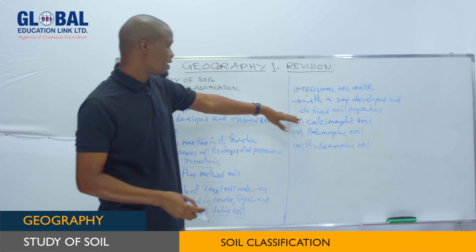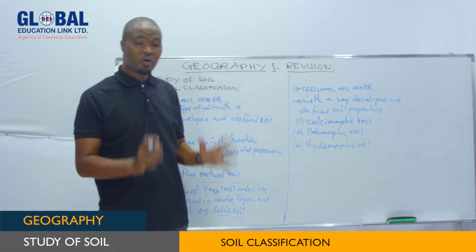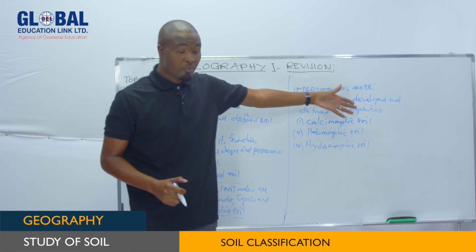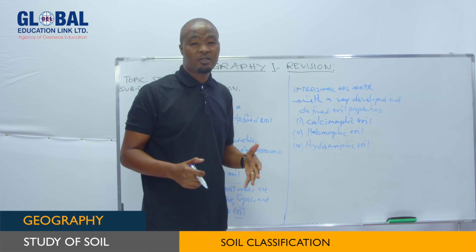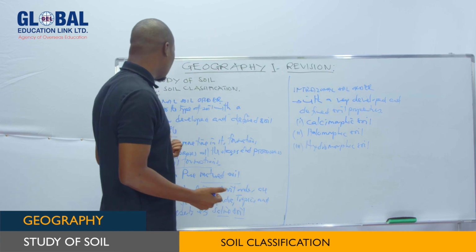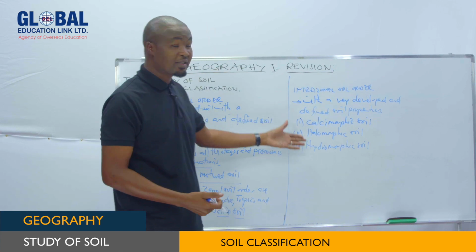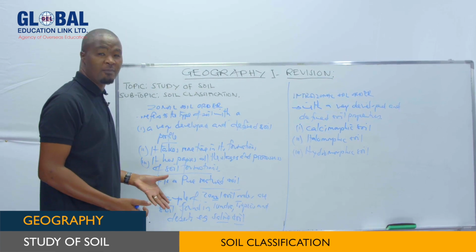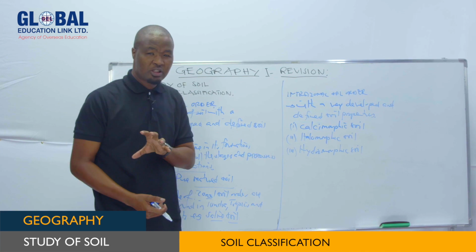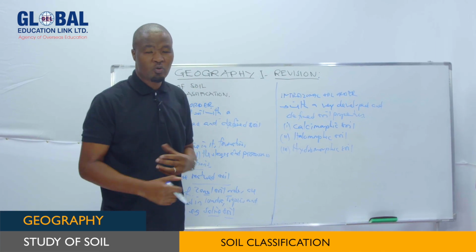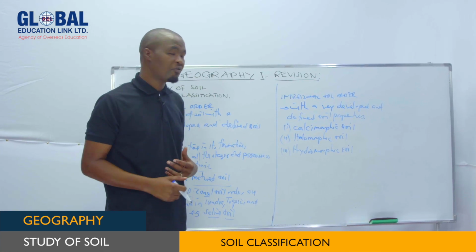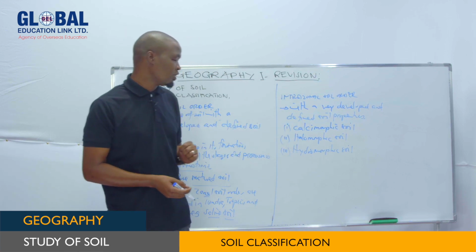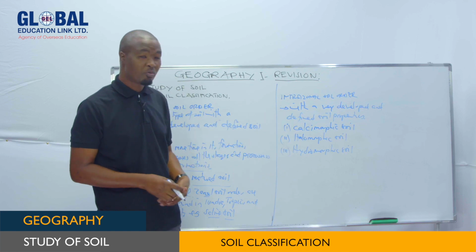It means these are types of soil which have very developed and defined soil properties. It takes more time in its formation, just as zonal soil order. It passes all the processes of soil formation, just as we have seen in zonal soil order, but it lacks some conditions to be called pure matured soil. You see, it is enough developed. So examples of intrazonal soil order, as I explained, are the calcimorphic soil, the halomorphic soil, as well as the hydromorphic soil.